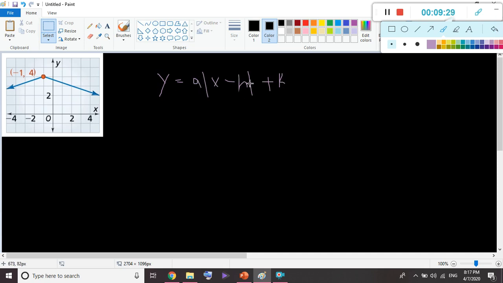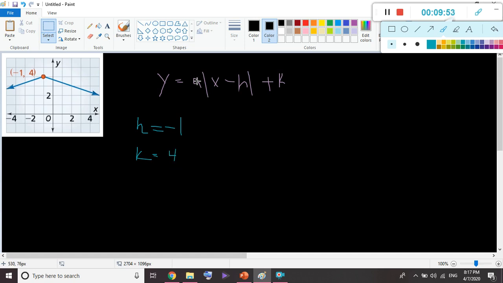So h and k, we said they are the coordinates of the vertex of the graph that we have here. So here we're going to find it by like -1, 4. This is the vertex. So h is equal to -1 and k is equal to 4.